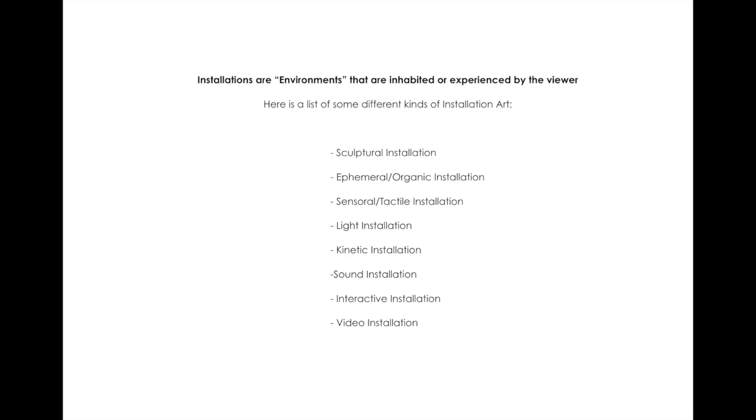Light installation, kinetic installation, which just means installation artworks that move on their own. Sound installation, interactive installation, and video installation. But a lot of artists often incorporate different elements of each of these within an art installation.